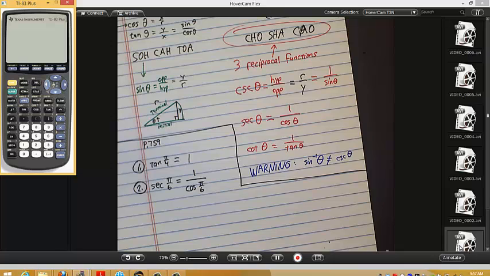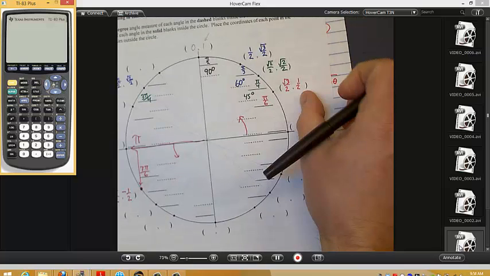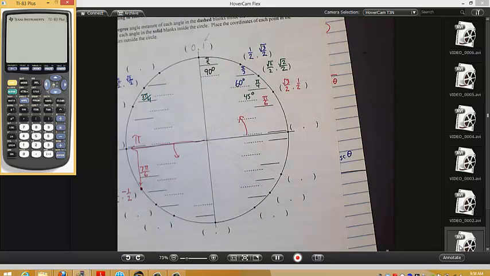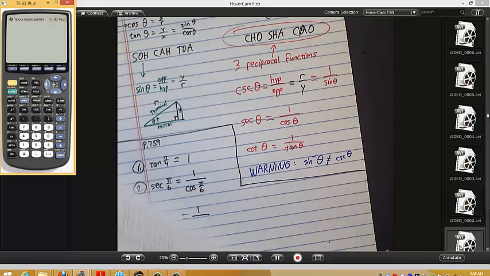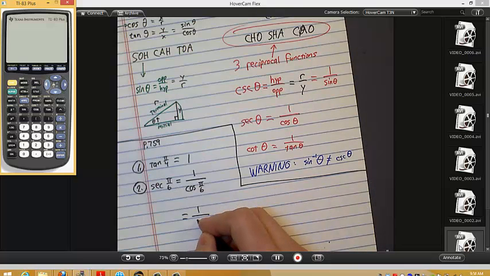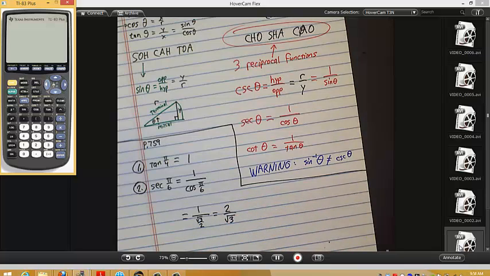And now the cosine of pi over 6, I'll get that from my unit circle. Let's take a look. What am I looking at? That's the cosine, right? Square root of 3 over 2. So I get 1 over the square root of 3 over 2. And so I get 2 over the square root of 3. You guys follow?